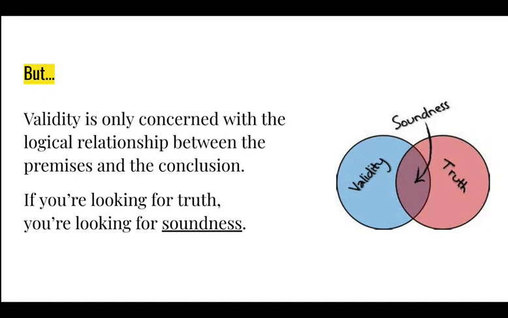Validity applies only if the premises necessitate the conclusion. That's the only situation where validity applies. If you're thinking about truth, if you're looking into that actual truth, then you're digging for soundness, right? So that little Venn diagram should help clarify that.